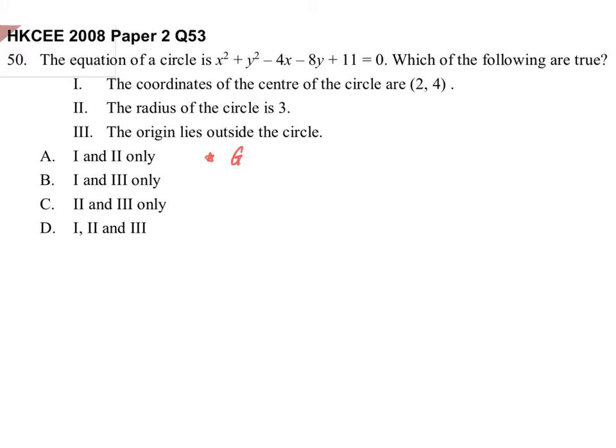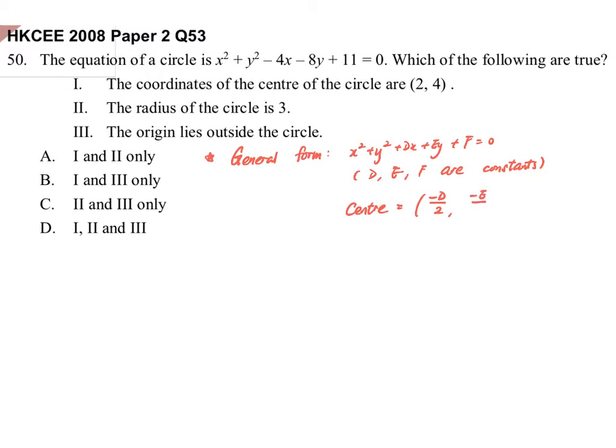Now the equation of the circle is in general form: x squared plus y squared plus dx plus ey plus f equals 0, where d, e, f are constants. We can find the center by the formula negative d over 2, negative e over 2.